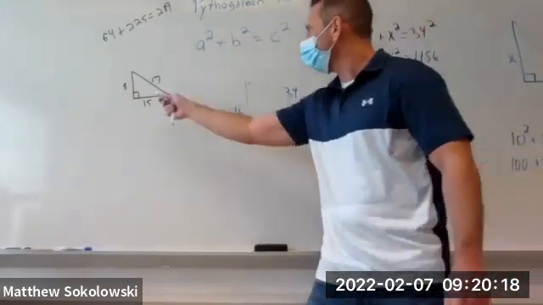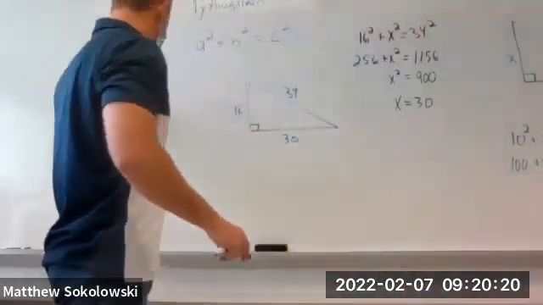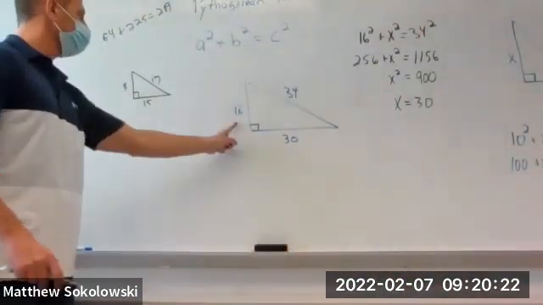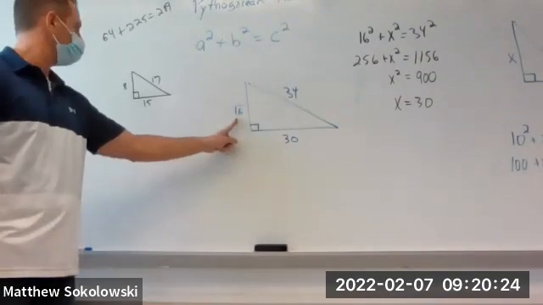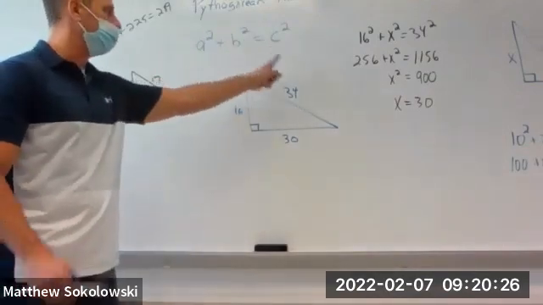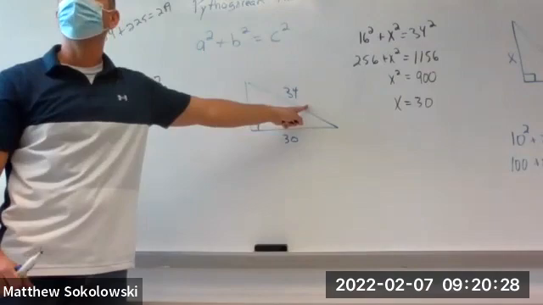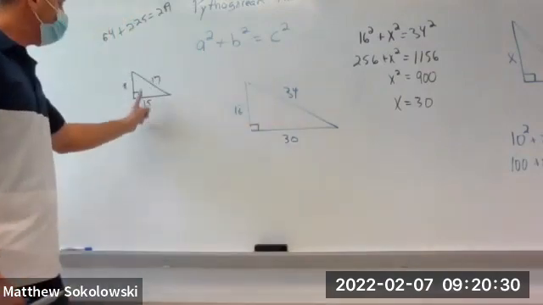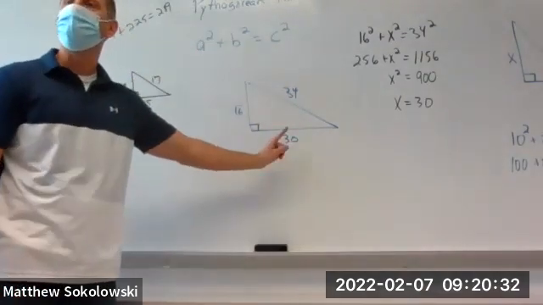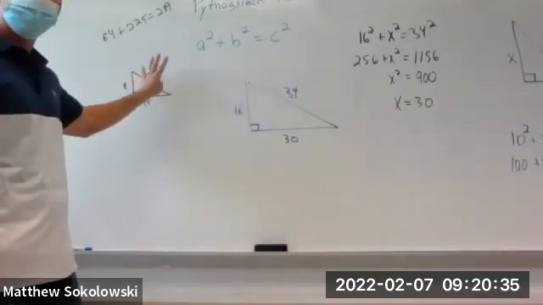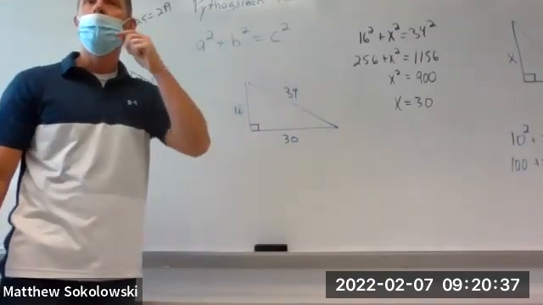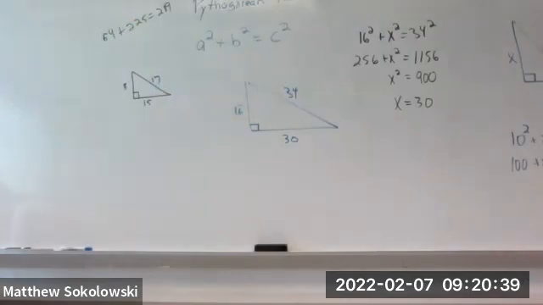This triangle is similar to this triangle. 8 times 2 is 16. 17 times 2 is 34. That's how I made up the problem in my head. 15 times 2 is 30. So if you take all those sides and multiply them by 2, we've got a similar right triangle to that one.